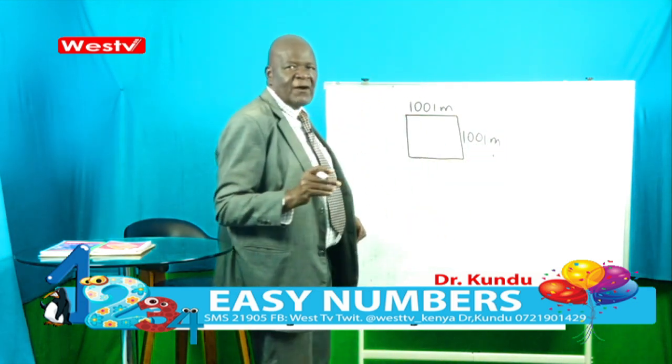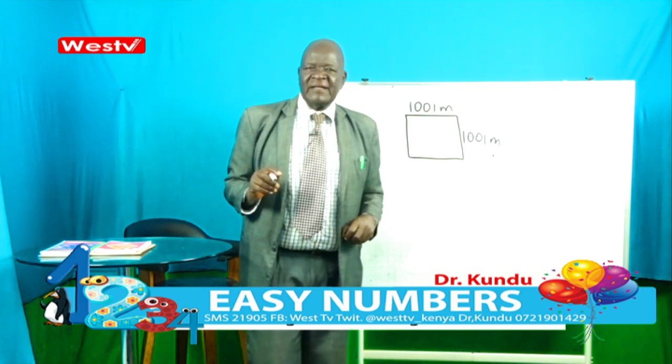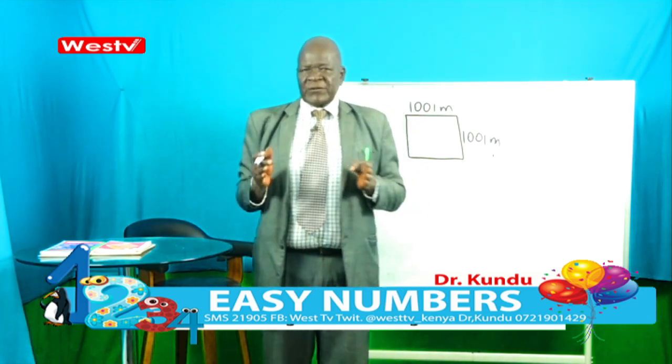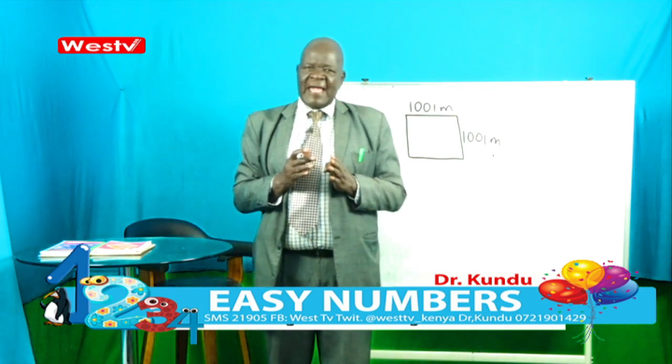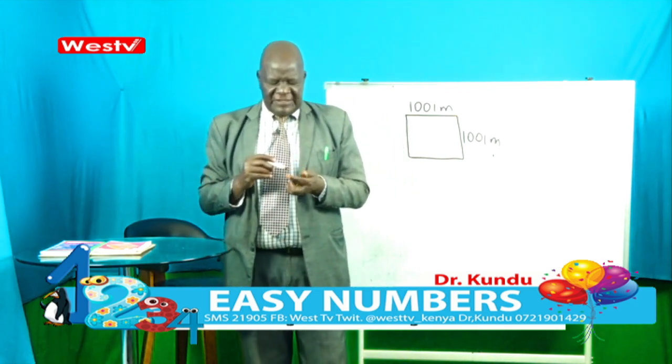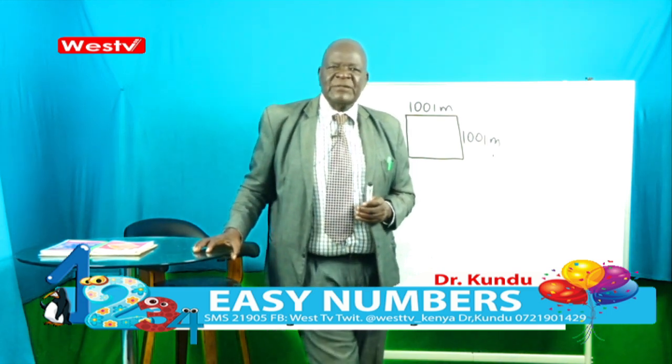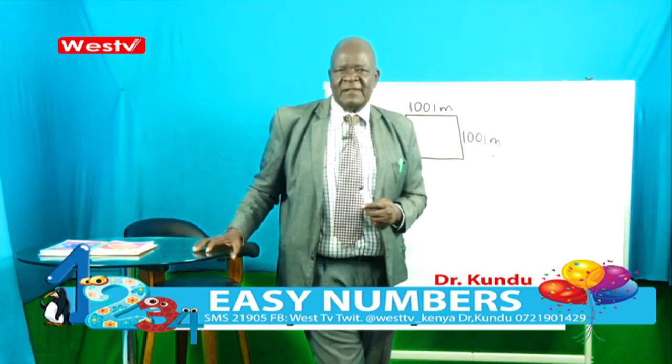Calculate the area of Mary's square piece of land. And the untrained will go struggling in multiplying this thing, and especially when zeros are in the center of a number, they become so cumbersome to handle.